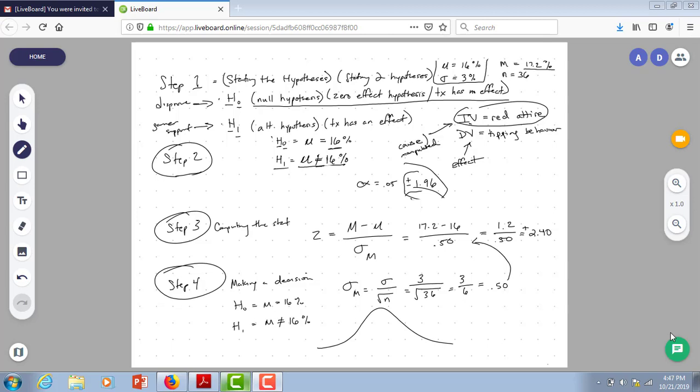Now, in terms of our critical region boundary marker, we said that plus 1.96 involves 2.5% up here. Negative 1.96 is right there, and it involves 2.5% this way. Now, we have positive 2.40, positive z-scores over here, negative z-scores over here, which means that our 2.40 likely falls somewhere out here.